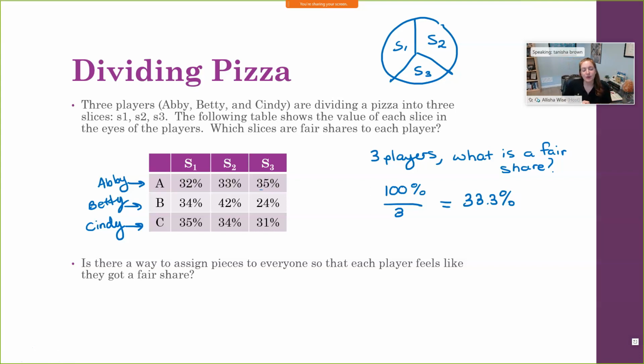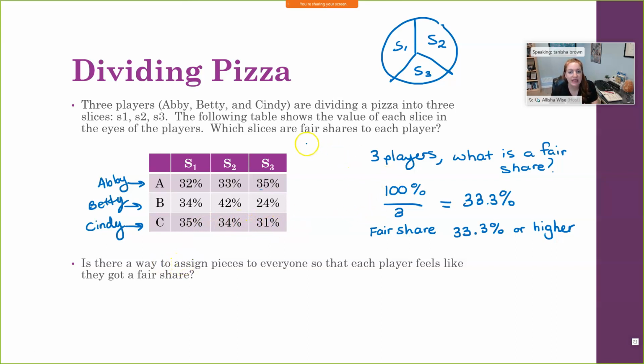So it's 33.333%. This is very important. To be a fair share, you need 33.3% or higher. It cannot be less than that. Okay? That's my hint for you guys.